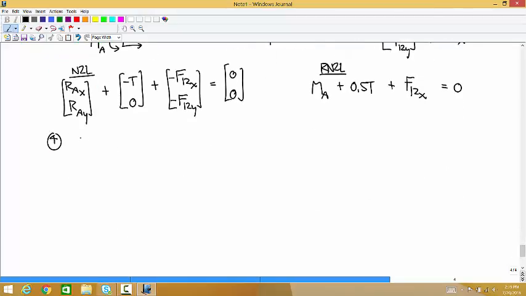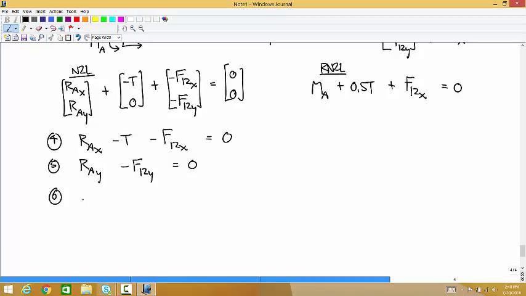So our fourth equation says RAX minus T minus F12x is equal to 0. Our fifth equation says RAY minus F12y is 0.